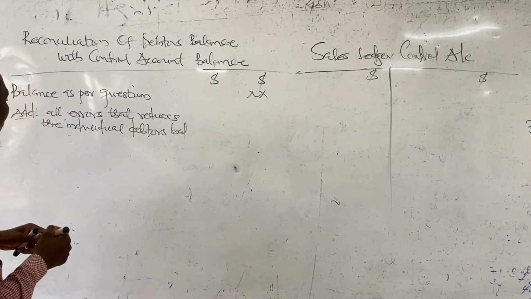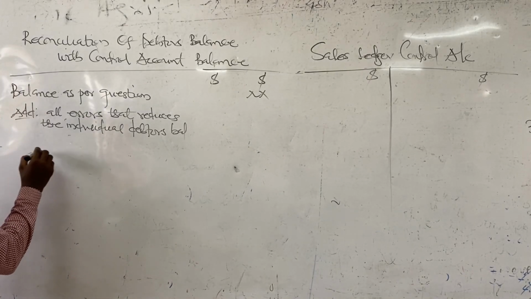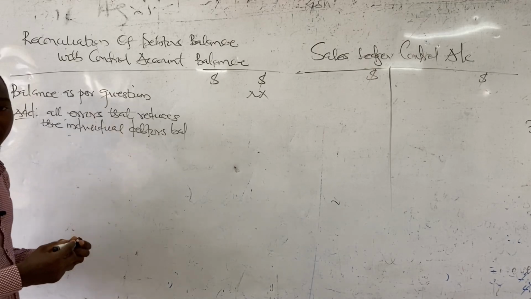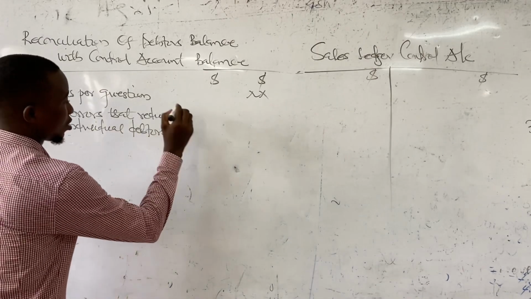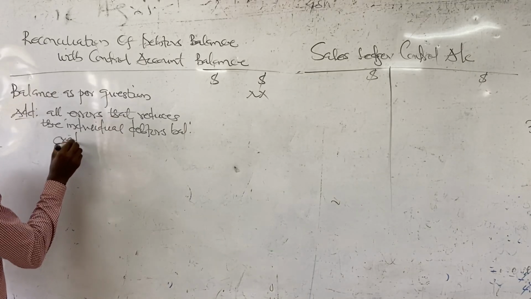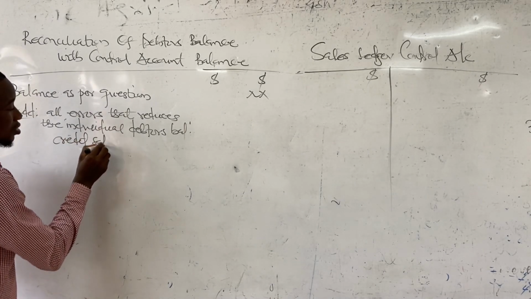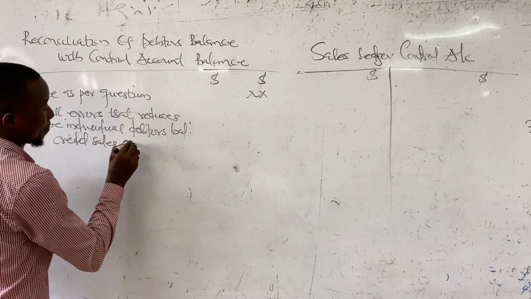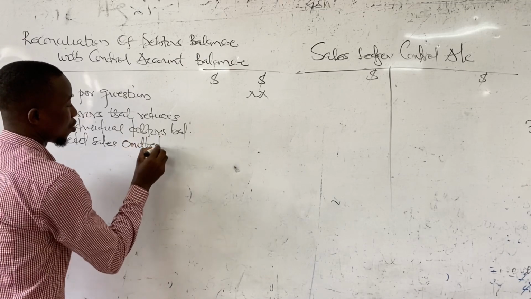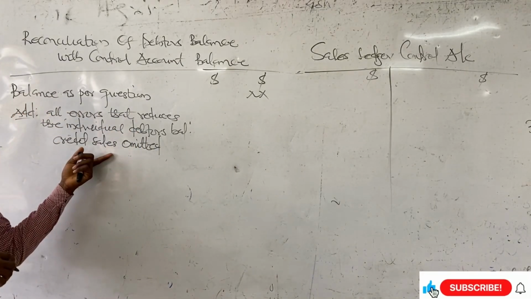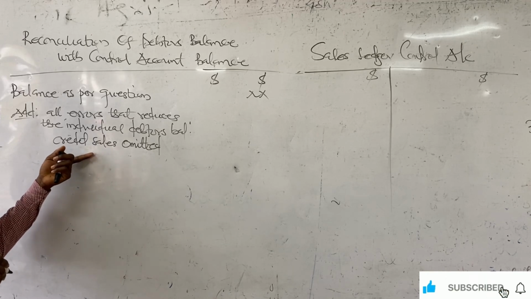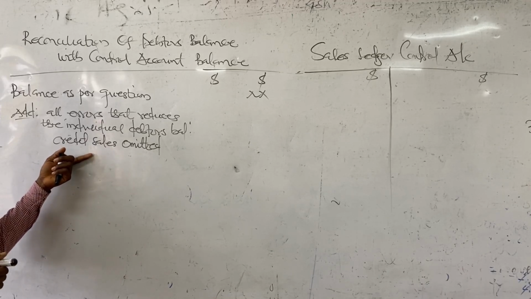For instance, when there is a credit sale omitted, let me list some. Credit sales omitted. When a credit sale is not recorded, it will reduce the debtors balance. If a dishonoured cheque is not recorded, it will reduce the debtors balance.